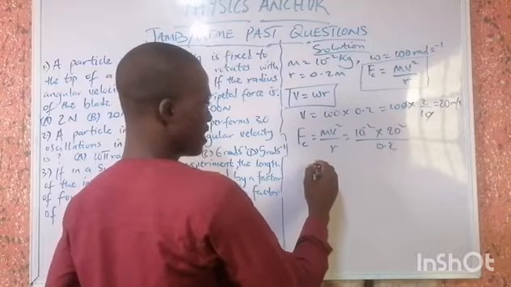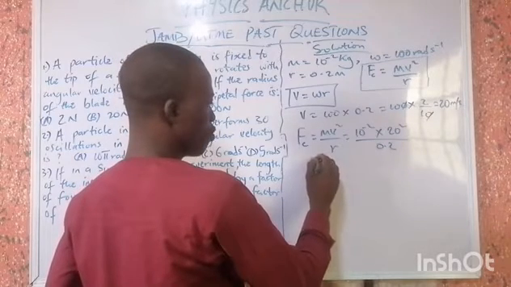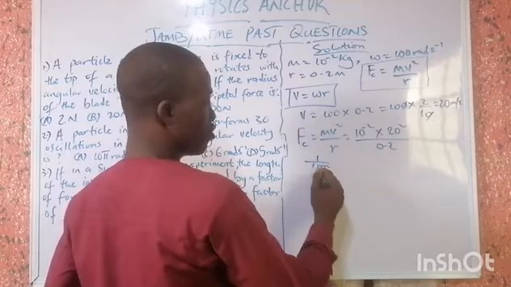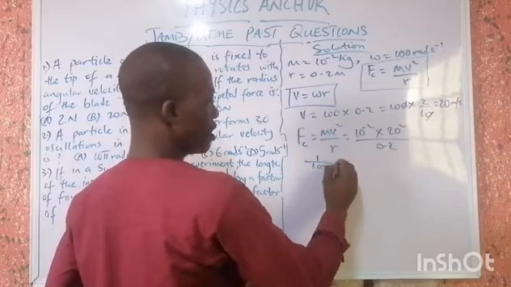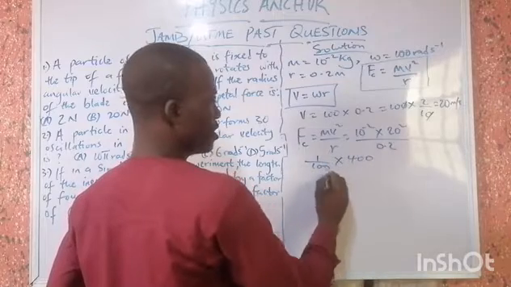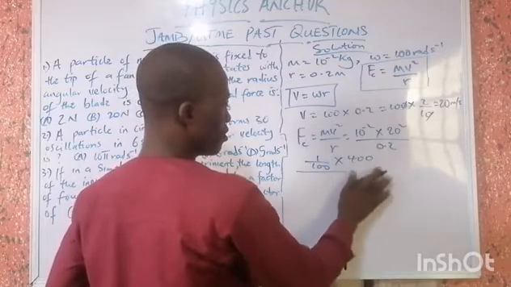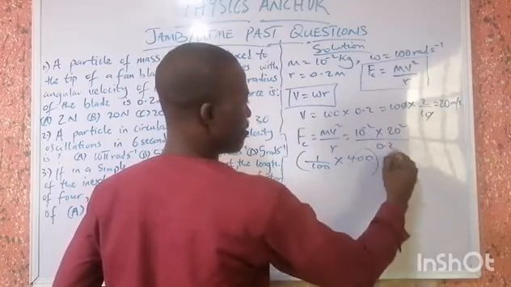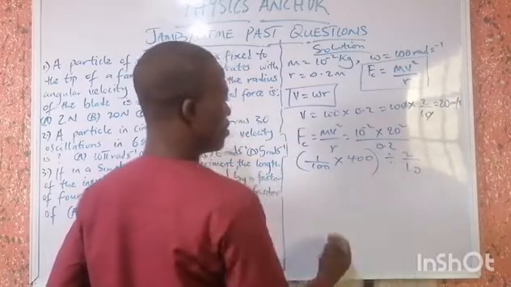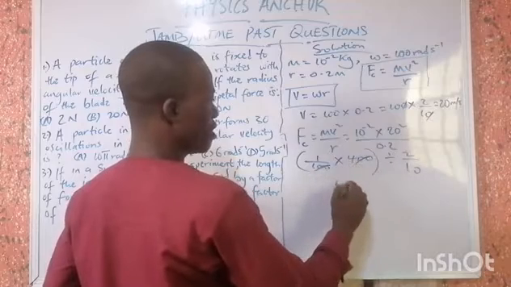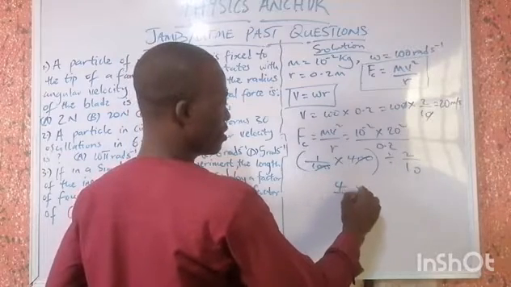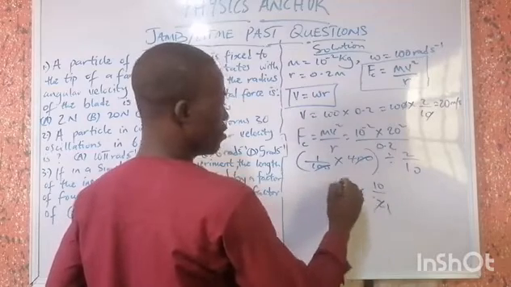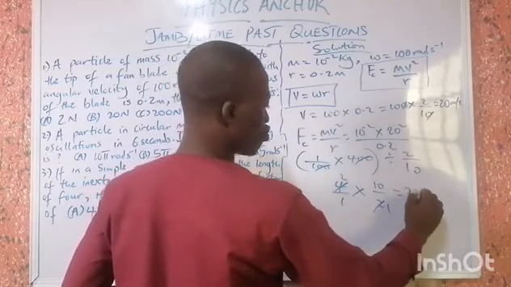So I have 10 raised to power minus 2, which is 1 over 100, times 400, all divided by 2 over 10. So the 100 cancels with 400, that would be 4 over 1 times, let me invert this, 10 over 2. 2 goes into 2 once, 2 goes into 4 twice, that would be 20.